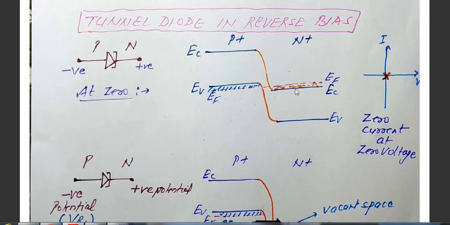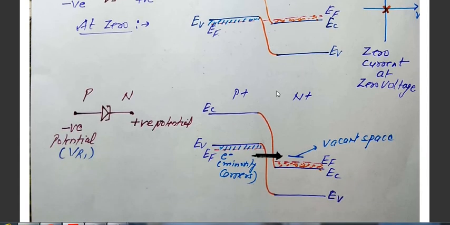Now let us take the case when we apply the negative potential to the tunnel diode. Let us assume that VR1 is the reverse voltage we are applying, so that this diode works in reverse bias condition. So this is the corresponding energy band diagram. This is the P plus side and this is the N plus side.